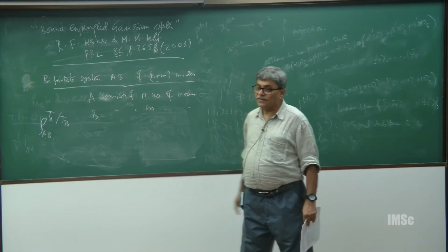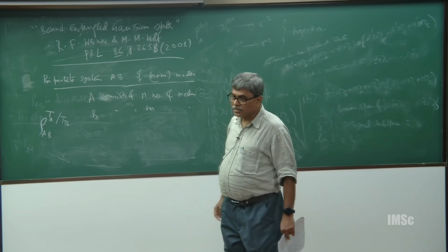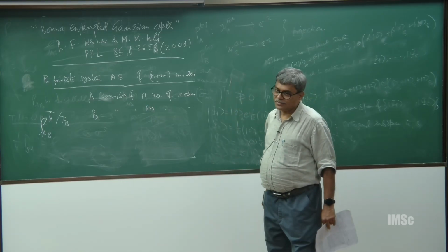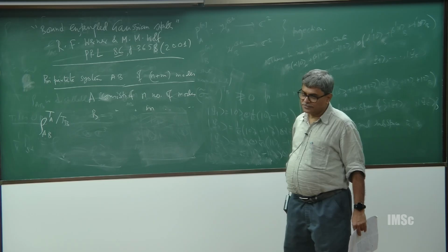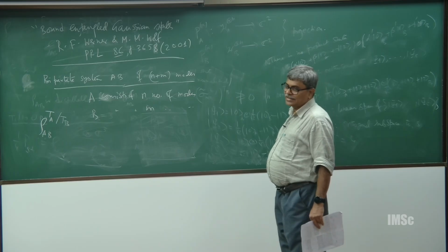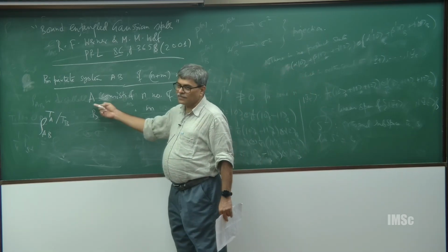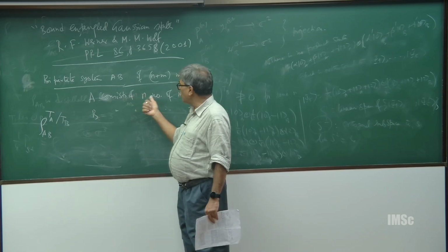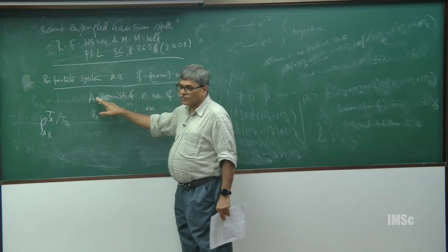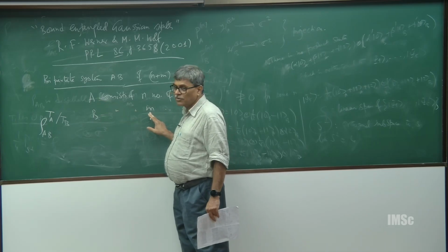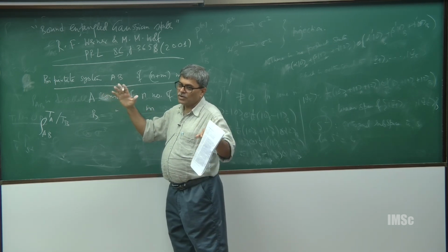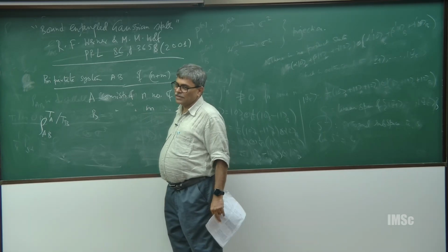So, what is the total number of modes? It is not n into m, it is n plus m. For B, it is not m states, it is m modes. So, A consists of, let us say, n number of one dimensional quantized harmonic oscillators, and B consists of m number of one dimensional quantized harmonic oscillators. So, the total is n plus m quantized one dimensional harmonic oscillators, right.